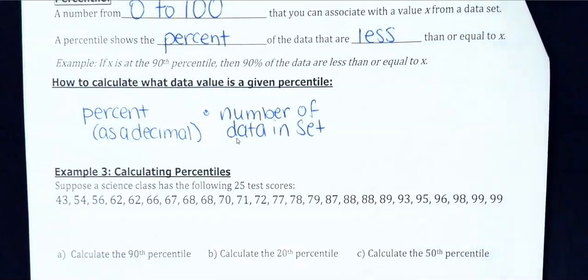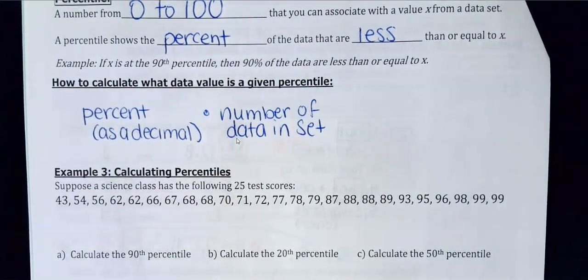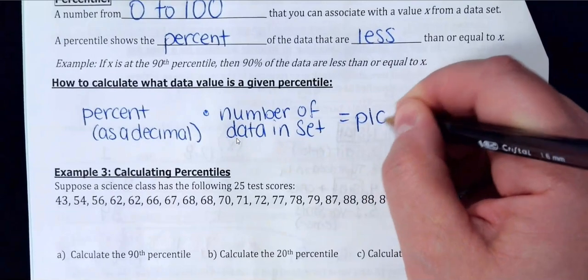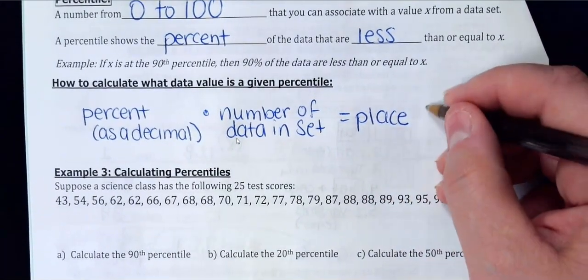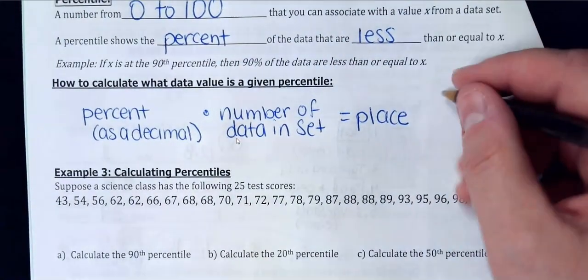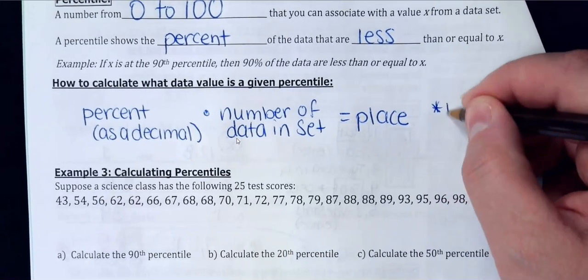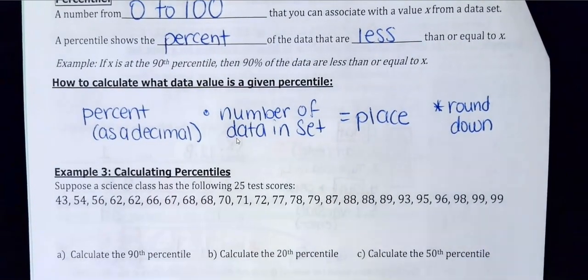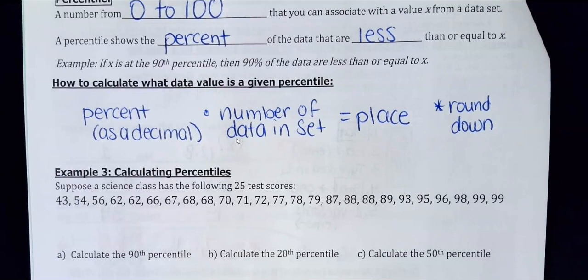So if I have a list of 50 data pieces, 50 is what I would plug in there. When you multiply that together, it will tell you the place, and that'll make more sense in a second. But the other key to this, no matter what the number is, you round down. So if you got 35.8, that would be rounded down to 35. Whenever you get this, you always round the number down, no matter what the decimal is.